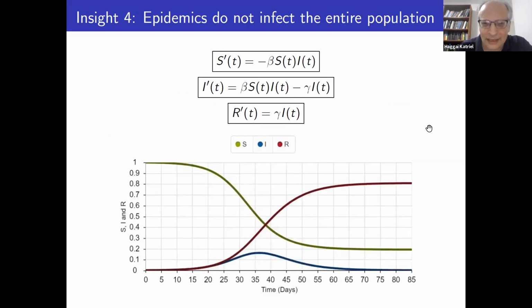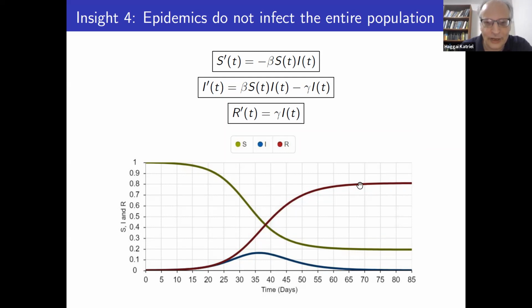One last general insight is that epidemics don't infect the entire population. And this was actually kind of a mystery before the models were developed. People saw that epidemics end before the whole population is infected.